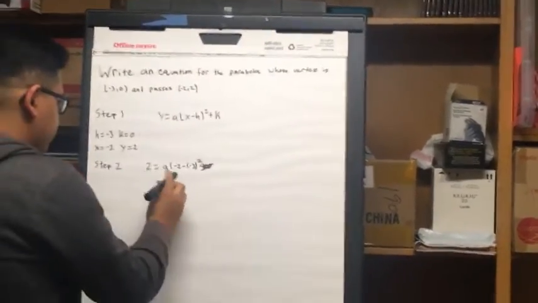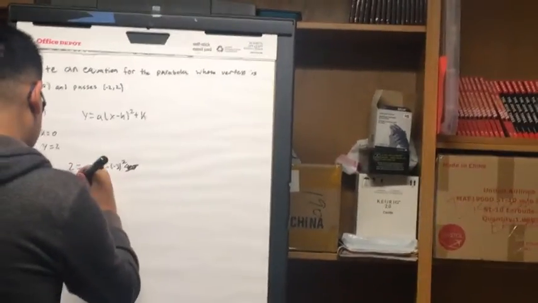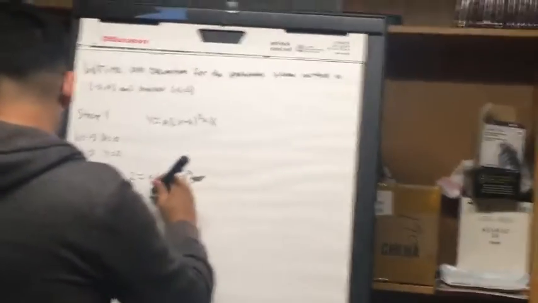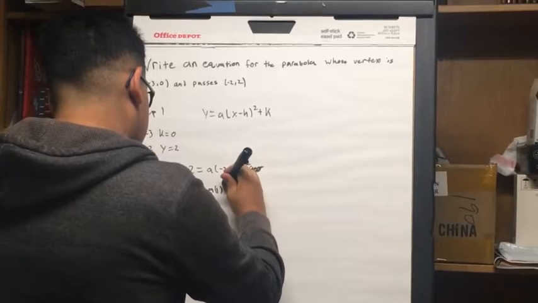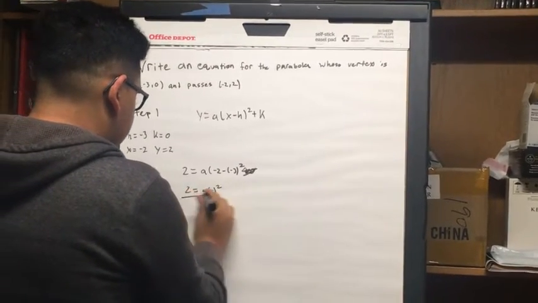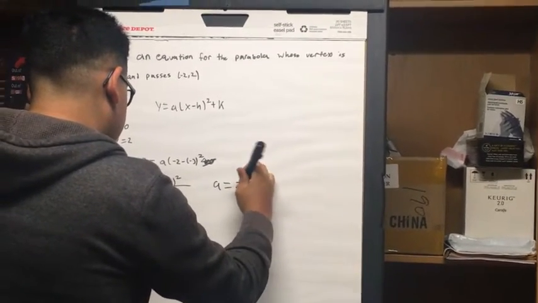So then you're gonna solve for this one, and then 1 squared. So then 1 squared is still gonna be 1. So then you're just gonna divide it by 1. A is going to be equal to 2.